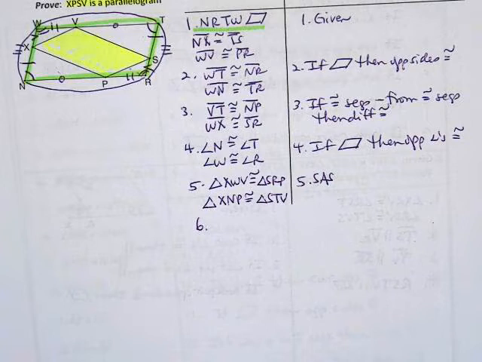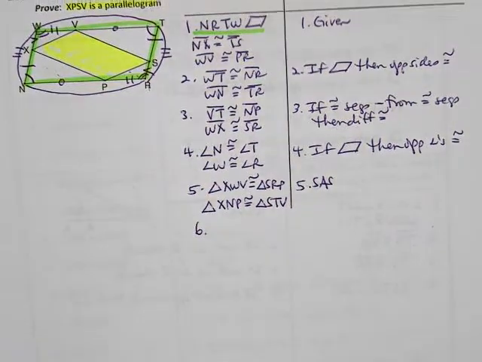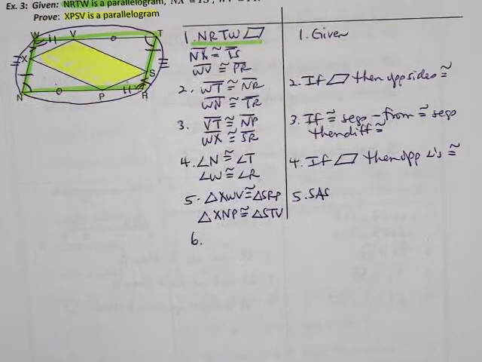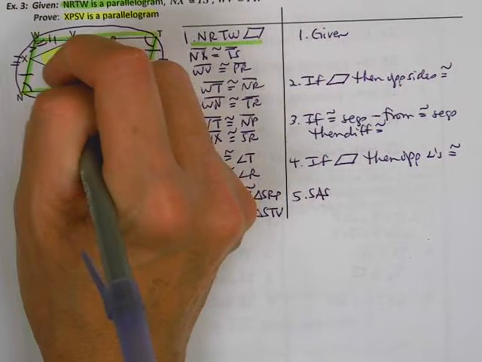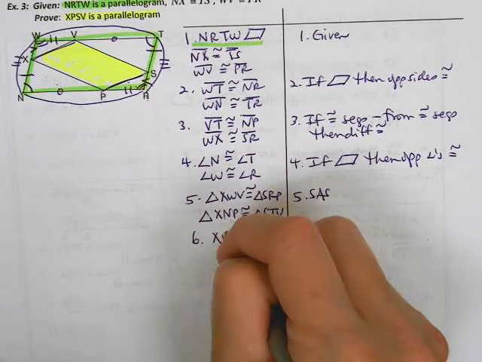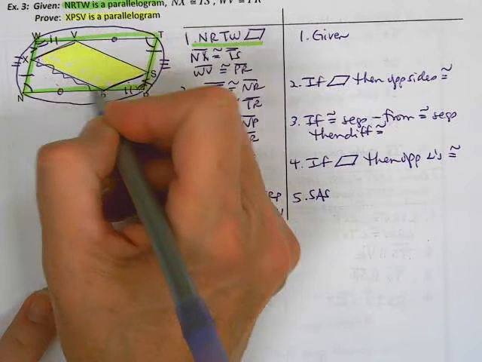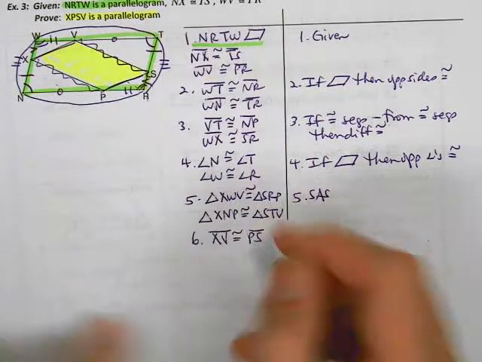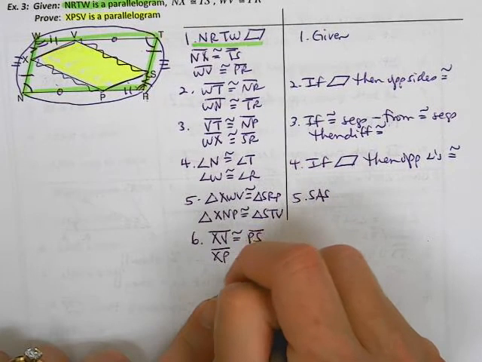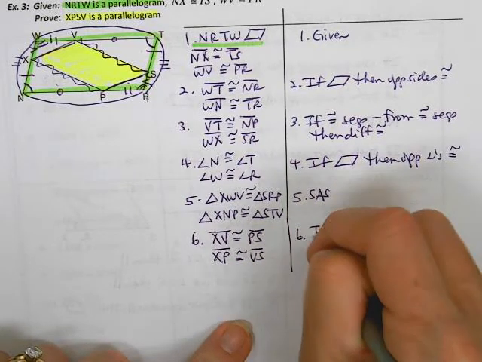But now the question is, now that I have these triangles congruent, what corresponding parts will help me on the yellow? Hopefully you can realize we can just use opposite sides, right? So if I get XV congruent to PS, and if I get XP congruent to VS, running out of congruent markers, that's from my triangles.